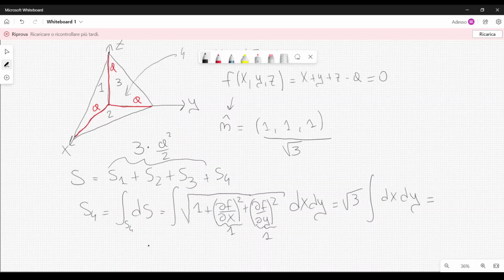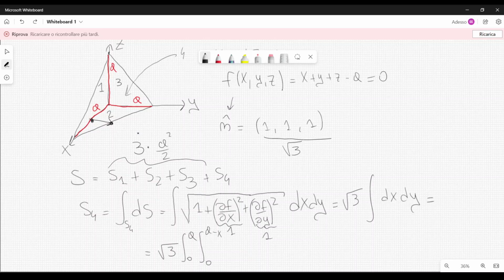But if we want to calculate it as a double integral, this is square root of 3, and then we integrate from 0 to a, because the variable x can go from 0 to a, whereas the variable y can go from 0 to a minus x, because y goes from the value 0 here to this line, which has the equation y equal to a minus x.